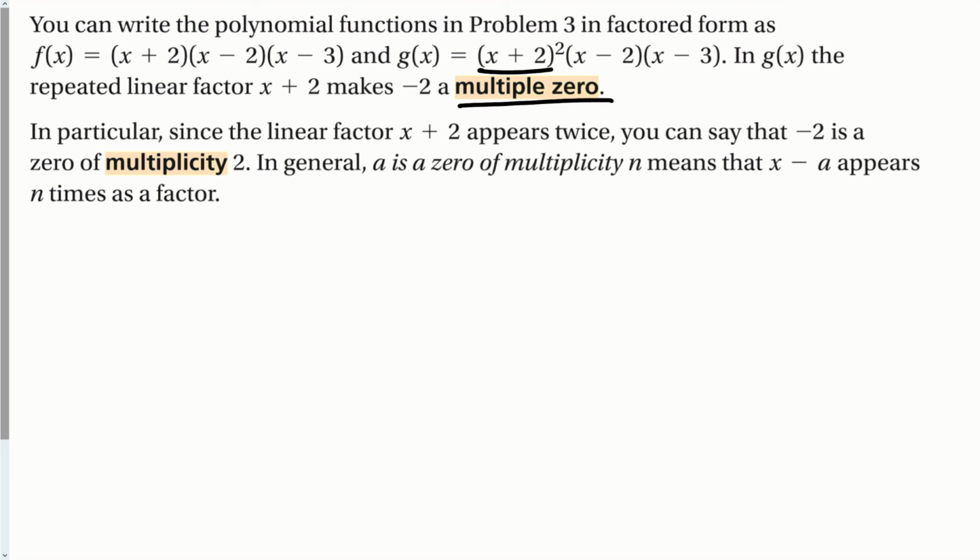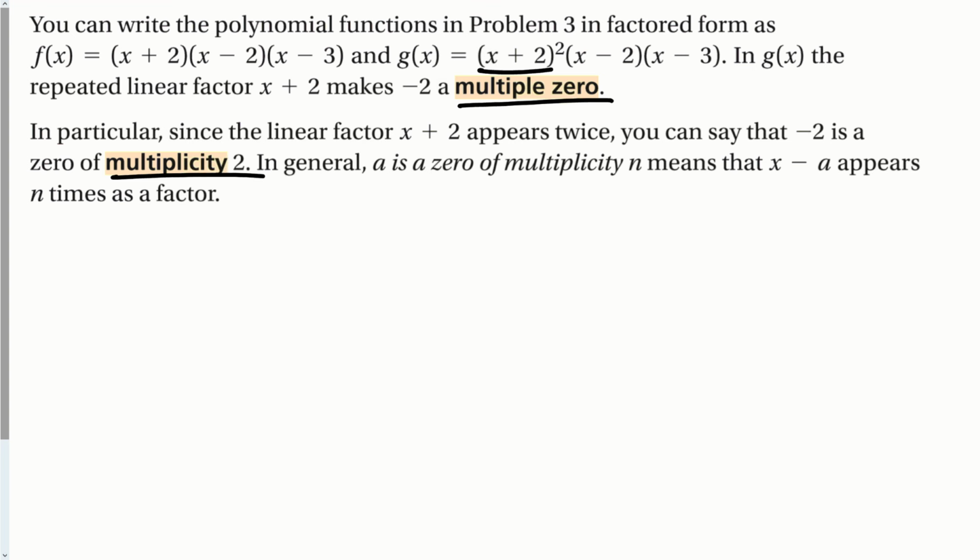If we have a multiple 0, if a factor appears twice, the way we say it is that -2 is a 0 with a multiplicity of 2. If it happened 3 times, we would say -2 is a 0 with a multiplicity of 3, 4, 5, 6, whatever. Okay? So the word multiplicity implies that the 0 happens more than once.